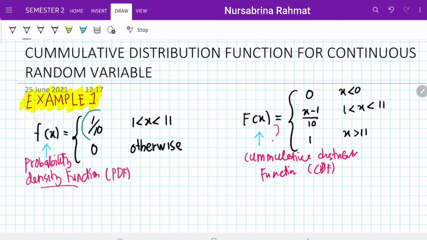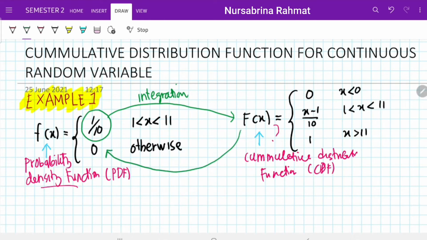Can we transform the cumulative distribution function back to the probability density function? Definitely yes, by the reverse process of integration, which is differentiation.